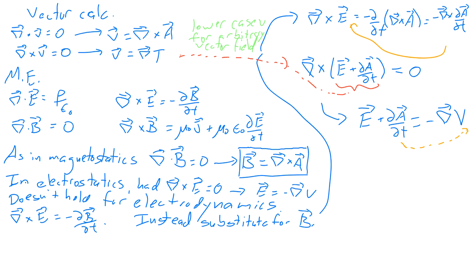And if we do that, then we can define our electric field in terms of our potential. Our electric field is the minus gradient of V, just like before, but we also have minus dA dt. So that is box-worthy.